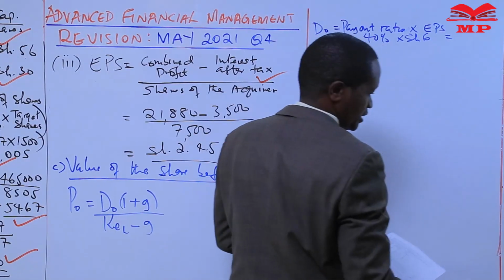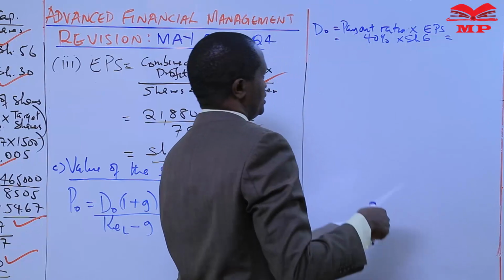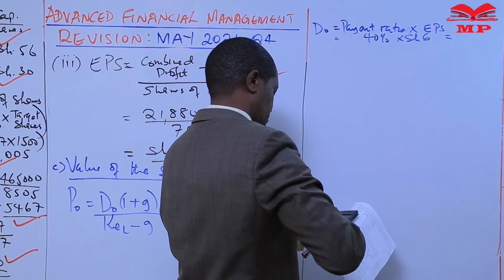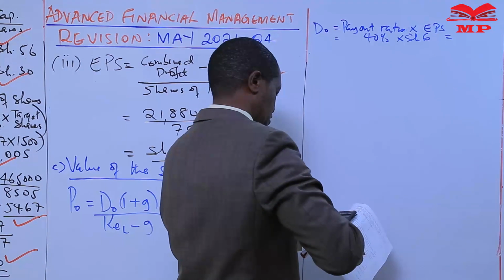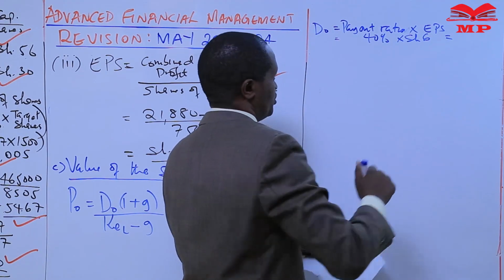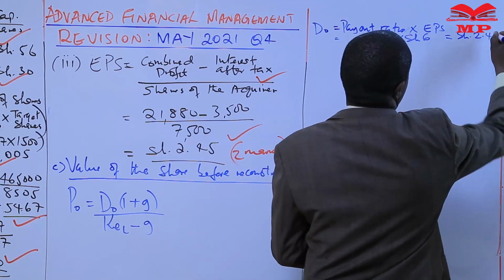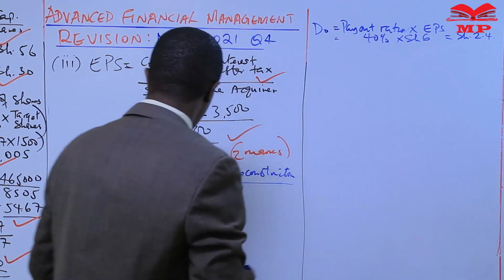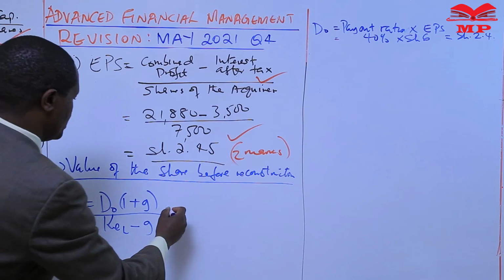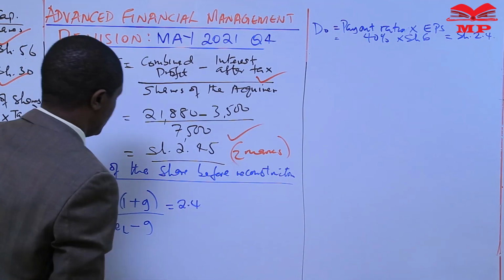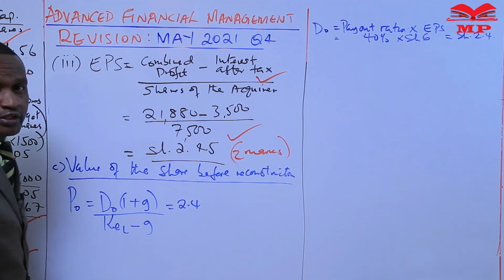Therefore, the dividend per share is 40% of 6, which is 2.4 shillings. So here we have D naught equal to 2.4.